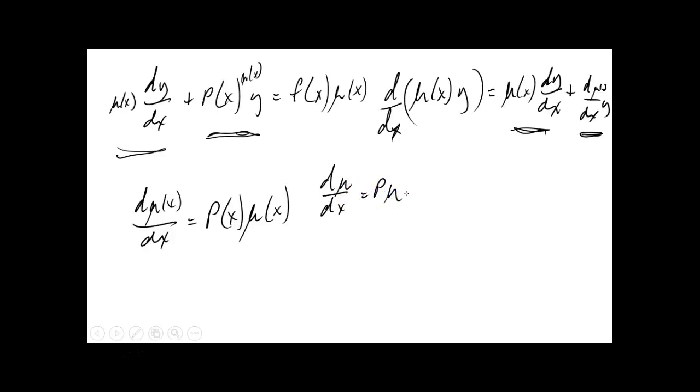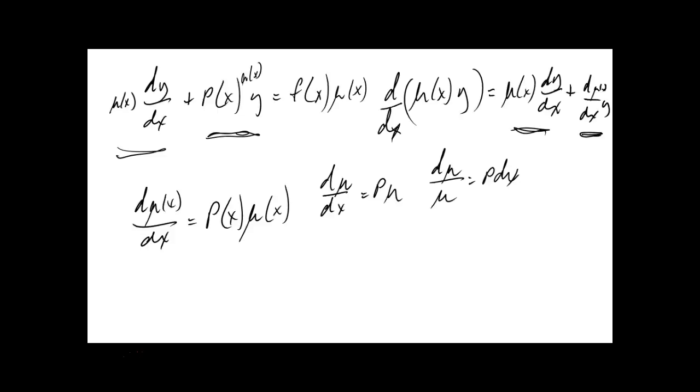Mu p, they'd say, doesn't matter which order. Now, it seems bizarre. It seems like we're going around your elbow to get to your ear and you still don't know where you're going. But remember that this p is a function of x alone. So this is now a separable equation. You can say d mu over mu is equal to p dx. You've just sort of lost your y's here, but not really.